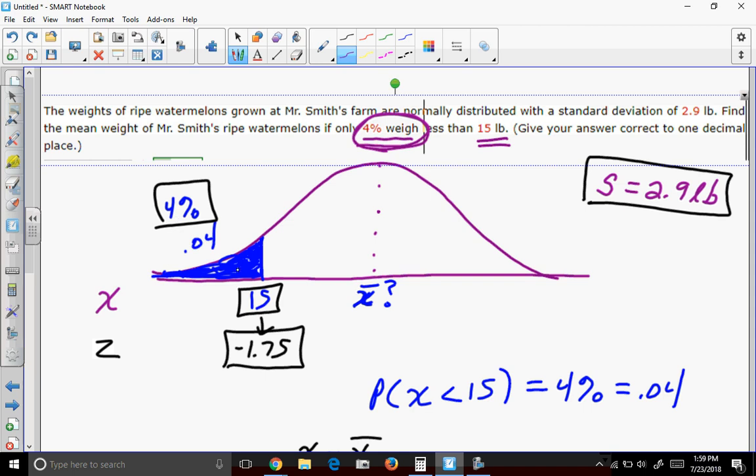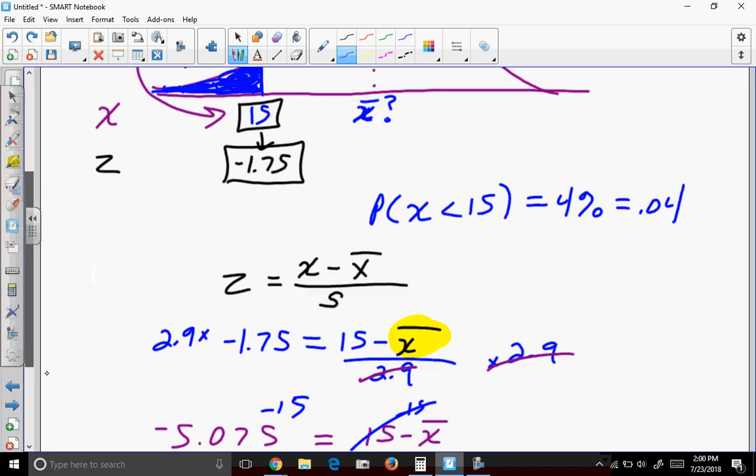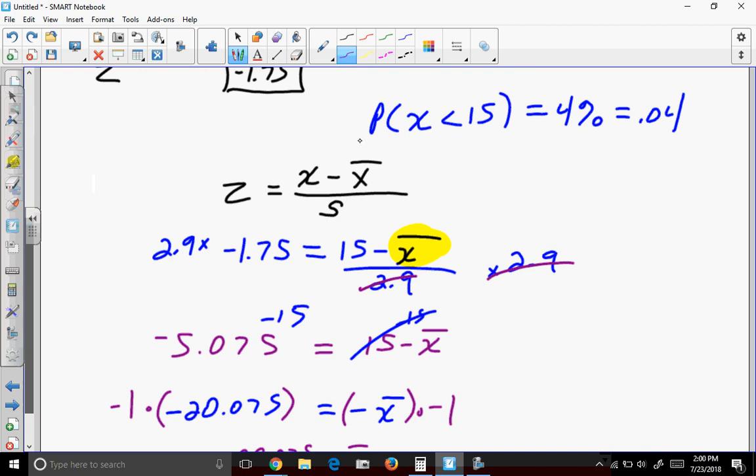So these two numbers corresponded, that 4% and that x of 15. Well, when we have an area, we can find the z that goes with it. Once we had an x and its z, the standard deviation, that gave us enough pieces that we could have only one unknown left. So we put in what we knew and solved for what we didn't know.